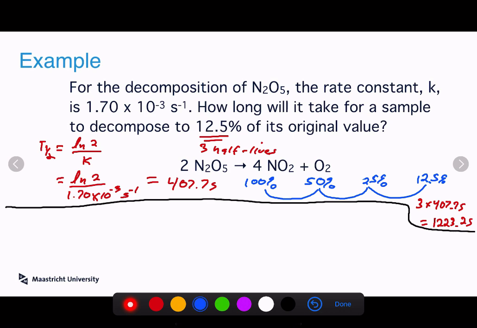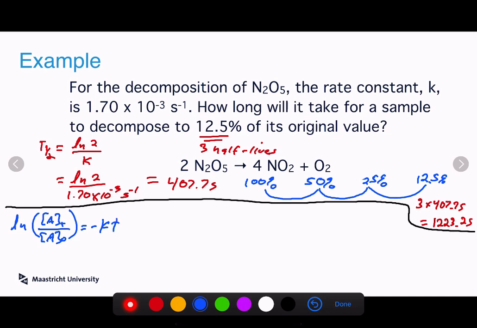In the second method, we're going to use this equation: the natural log of the concentration of A at time t over the concentration of A at time 0 is equal to negative kt. It's a little t for time.